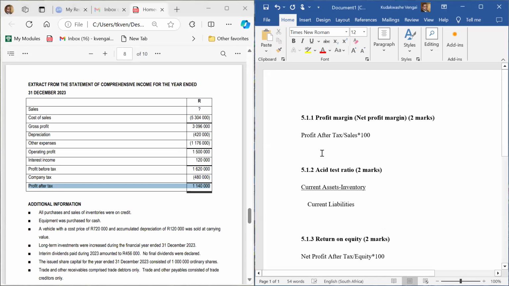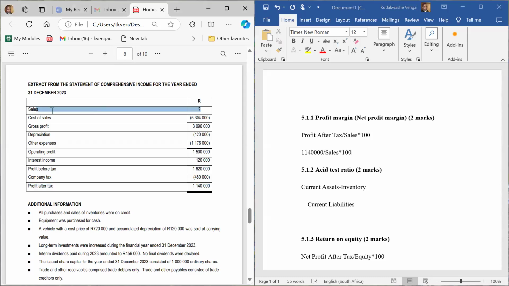So I can just write here 1,440 divided by my sales, multiplied by 100. Your lecturer, because he is also trying to make your life a little bit difficult, did you notice that he did not give you the sales figure? There is a blank space there on the sales figure.